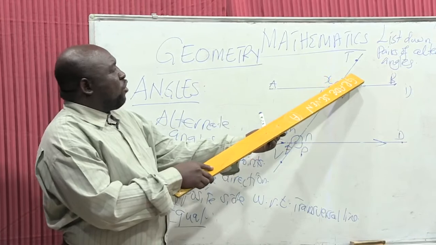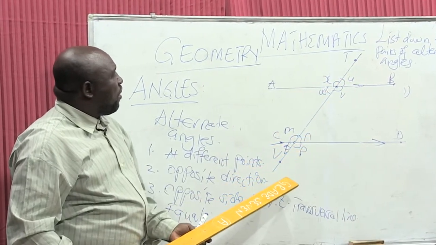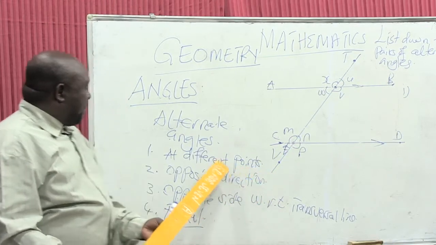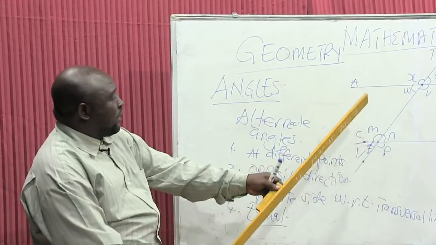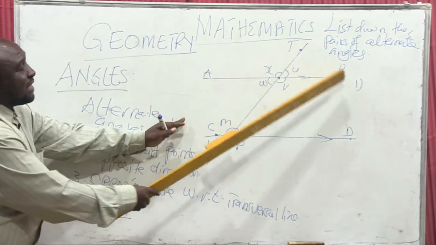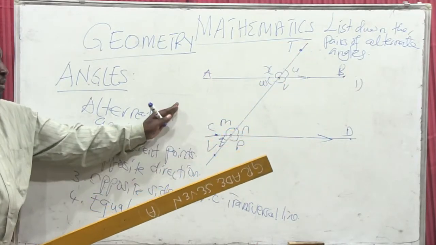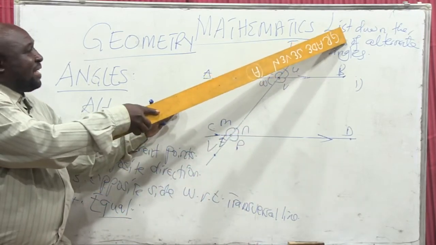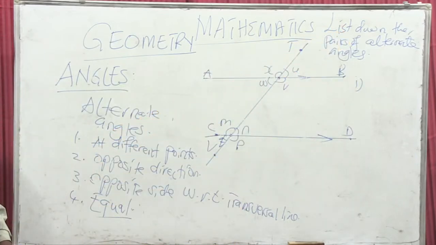That particular angle U alternates with another angle, depending on the features, opposite side. So it should be on this particular side. This is on that side, the alternate to it will be on that particular side. It is looking in that direction, opposite of it will be in another direction at a different point.